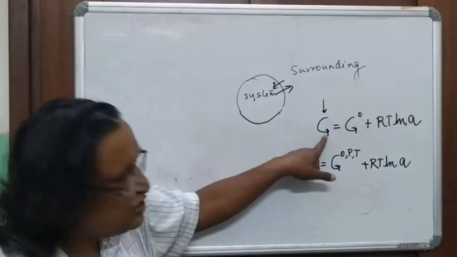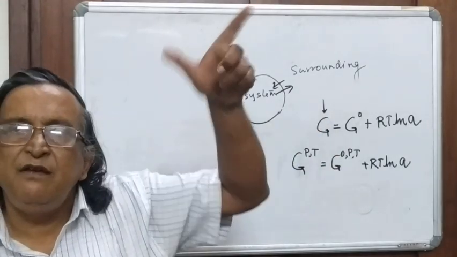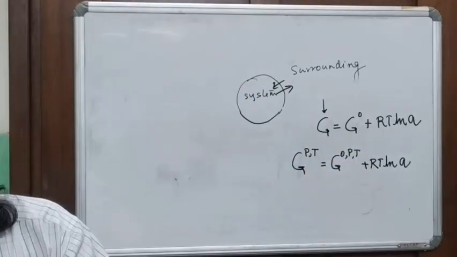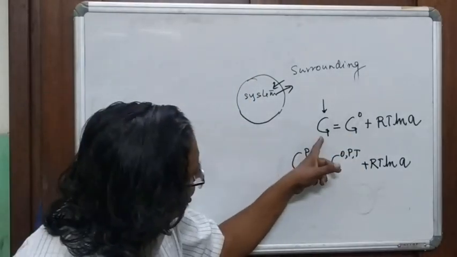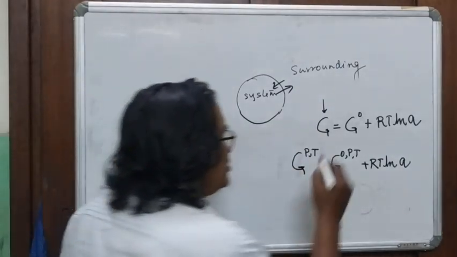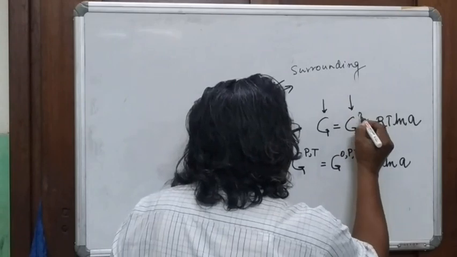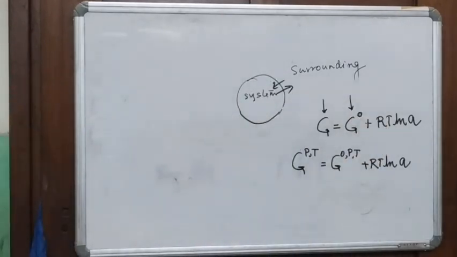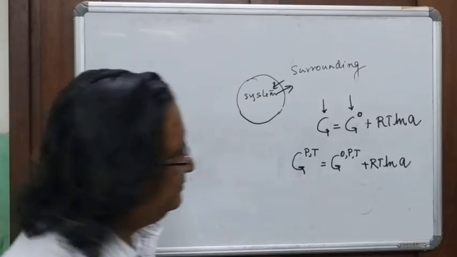So G is called the free energy, free from the mechanical aspect, available for chemical reactions. This is also the same except for this nice superscript G0. We'll talk about it a little later.